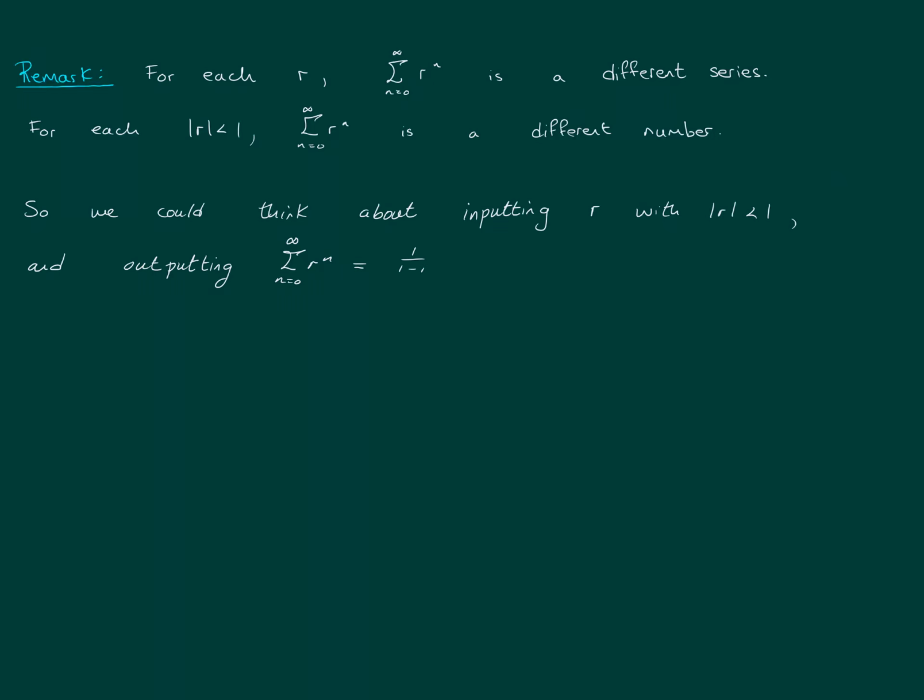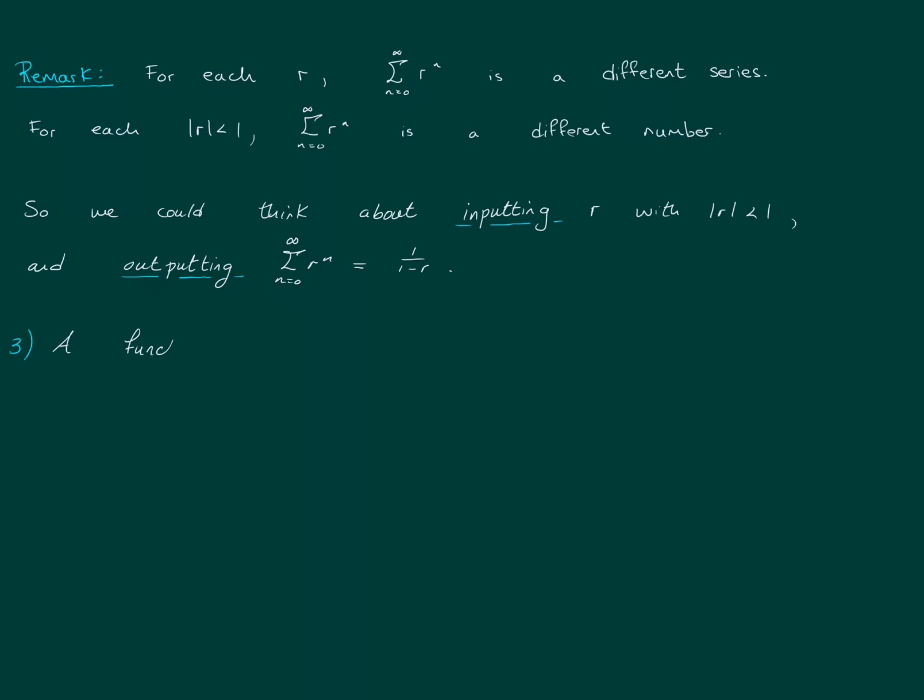And in particular, this equals 1 over 1 minus r when we have this condition on the size of r. So what does this remind us of? Inputting a number and outputting another number. This brings me to my third point.